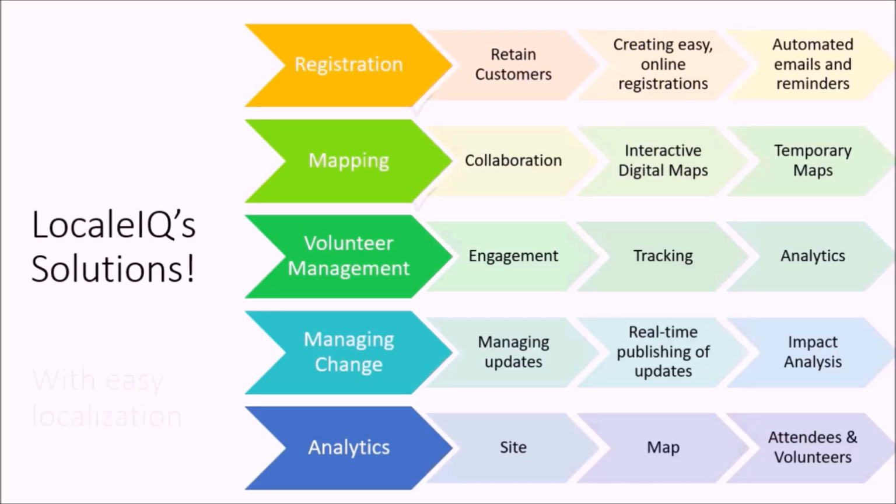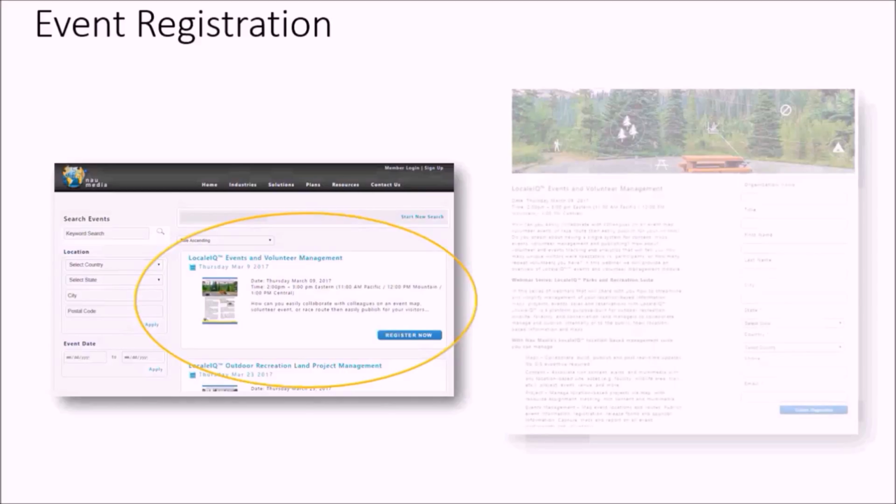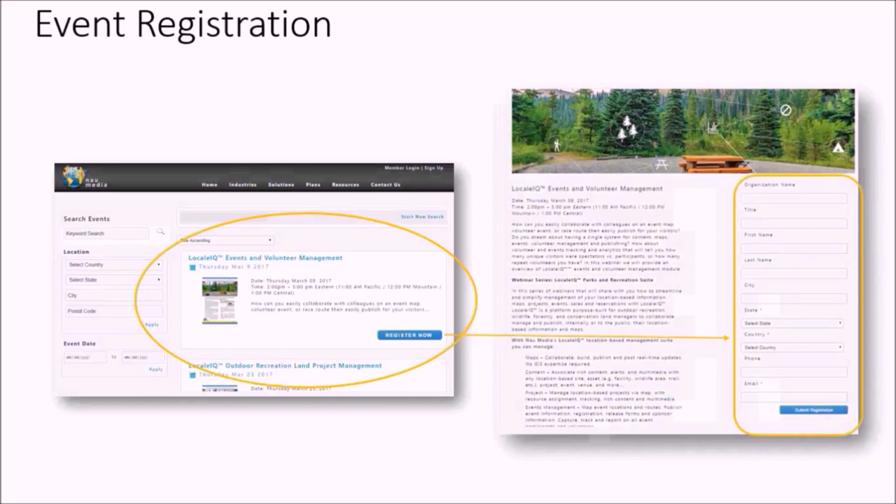And if your event or location attracts a global audience, you want to localize the content you publish on your site and maps without duplicating effort. When you registered for this online webinar, you went through a registration process that was built using LocaleIQ Events Manager Smart Forms.